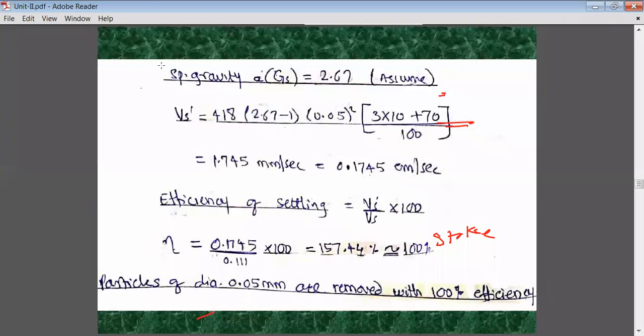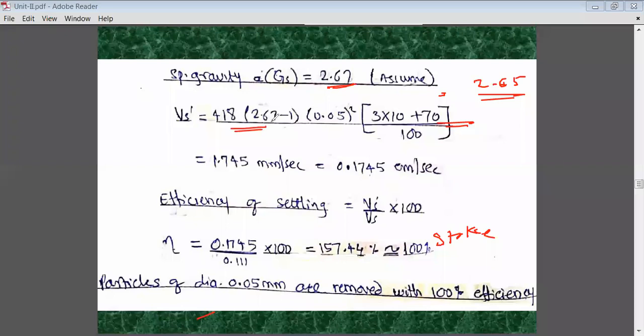Okay, specific gravity Gs is equal to 2.67, that we have to assume here. So this is the general value of the suspended particles having specific gravity. You can take it as 2.65 also. To have unity in the answer, let us take this value 2.67.